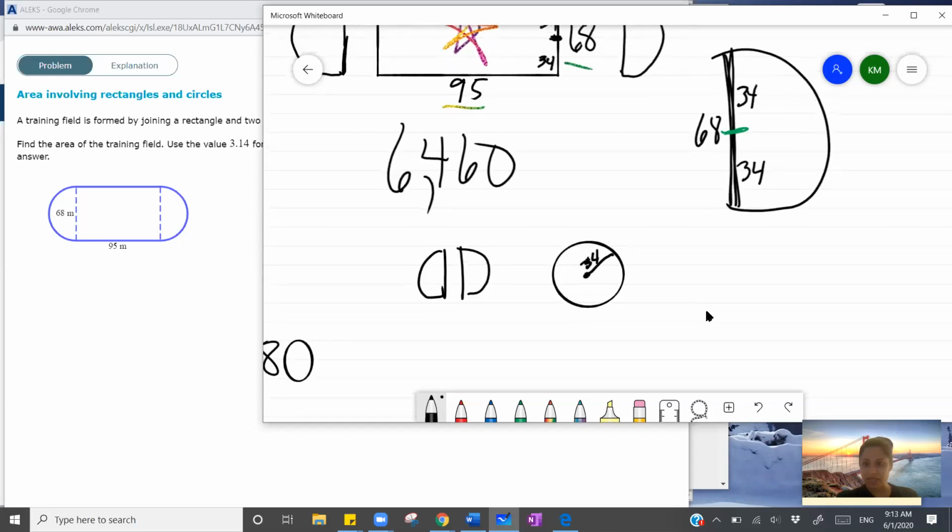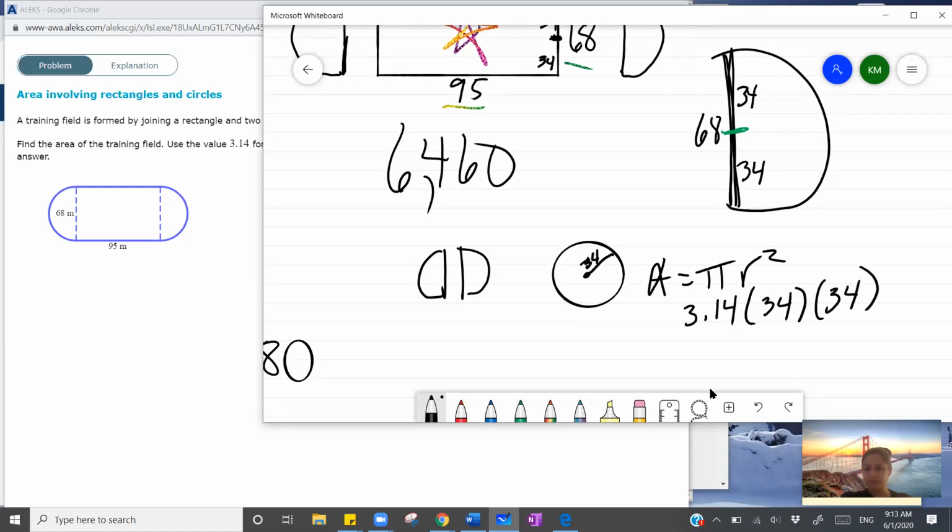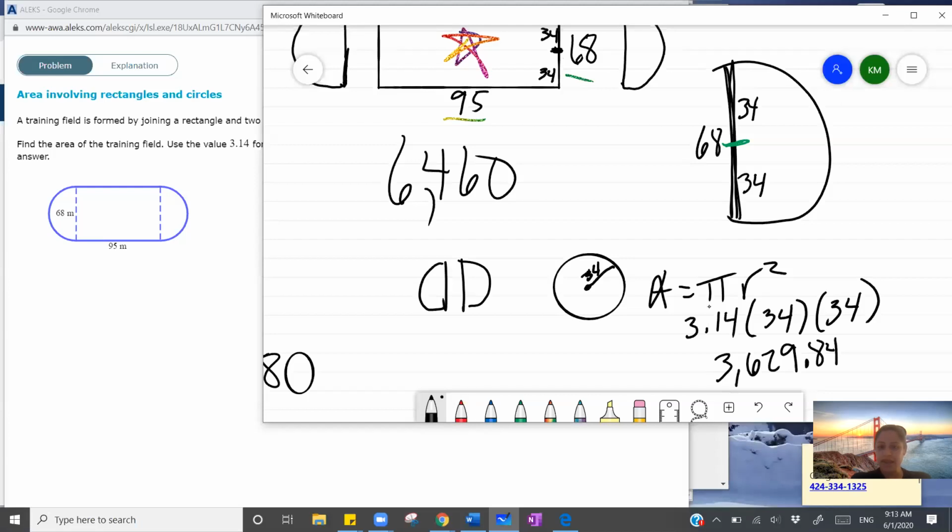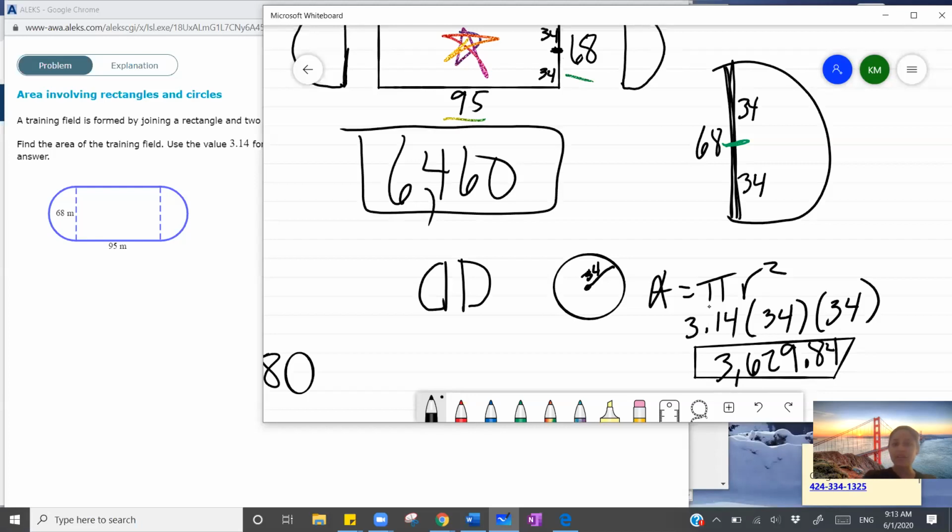So let's just find the area of one circle with the radius of 34. So area equals pi r squared, which is going to be 3.14 times 34 times 34. Okay, so I get 3,629.84, and we're going to go ahead and add that to the area of the rectangle that we found earlier, which was 6,460.